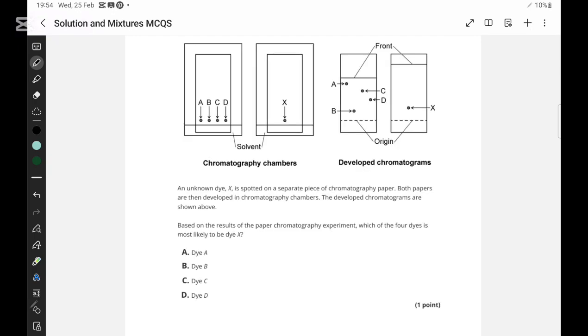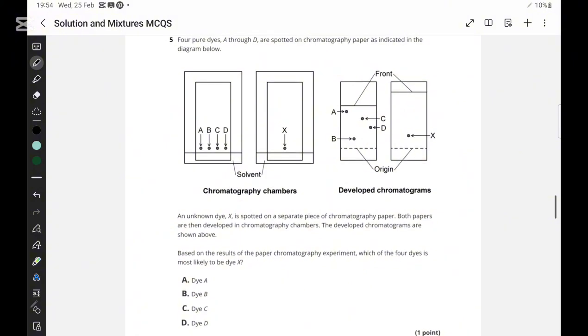In this question they are saying an unknown dye X is spotted on a separate piece of chromatography paper. Both papers are then developed in the chromatography chambers. The developed chromatograms are shown above. Based on the result of the paper chromatography experiment, which of the four dyes is most likely to be dye X?